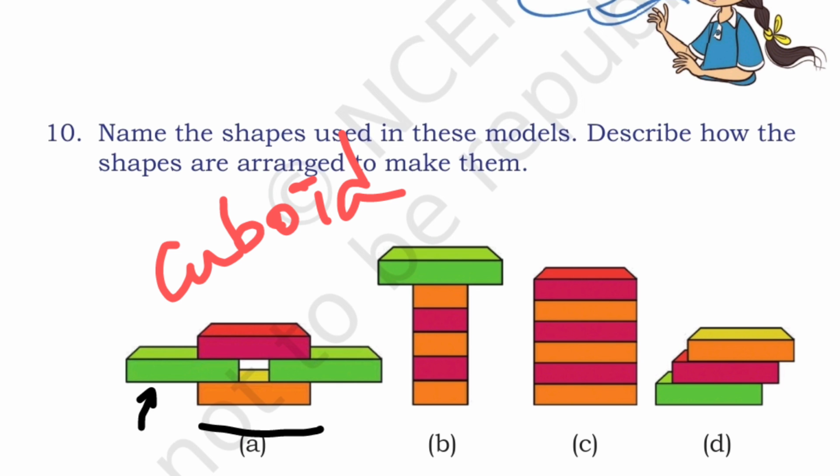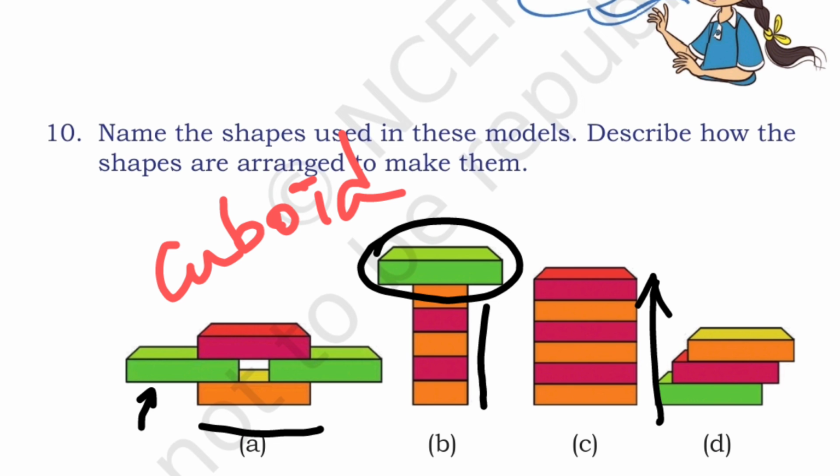And see B, they have arranged the same size of cuboid to make a tower. On top of that they have arranged a bigger cuboid. And in C, again the same type of cuboid is arranged to make a tower shape. The last one is D, again they have arranged 3 cuboids one on top of another. So they used the cuboid shape to make these models.